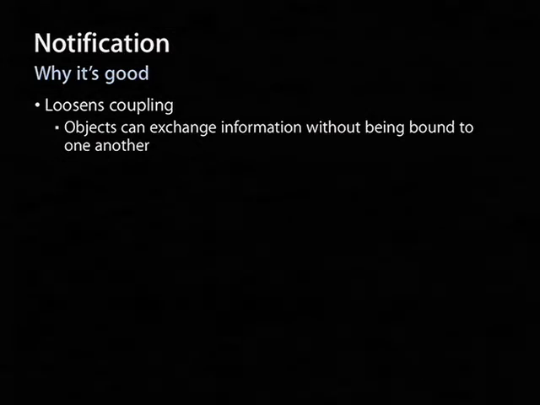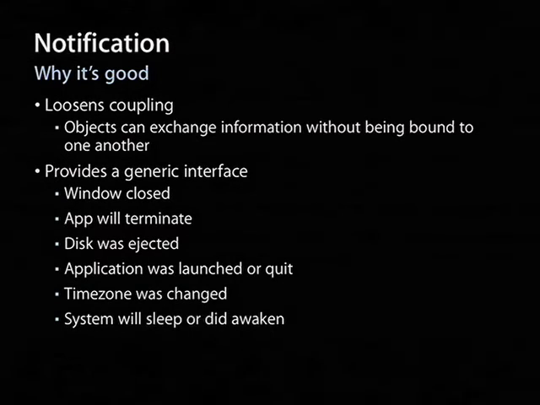The window doesn't have to be aware of that fact. And it also provides a very generic interface to system events. So we saw the control tint did change, but there's also disks were mounted or unmounted, or applications launched or quit. And this is all available through notifications. You do not have to learn some separate API for every different possible event like this.